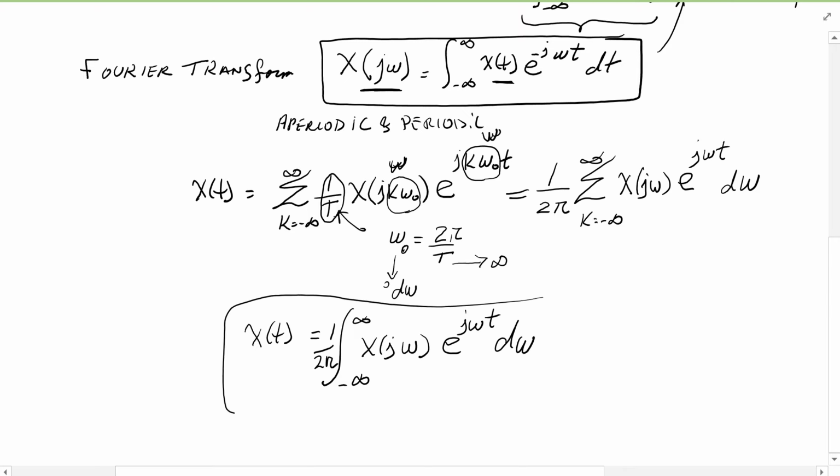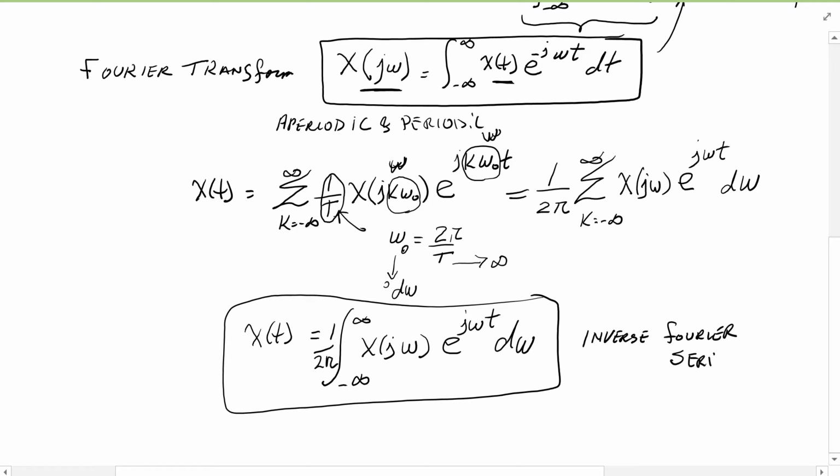Okay, and this is called the inverse Fourier transform. So what we have been able to do at this point is take the Fourier series, and by allowing the period to be from minus infinity to infinity instead of just one period, cover basically non-periodic signals, and come up with this idea of the Fourier transform and inverse Fourier transform.